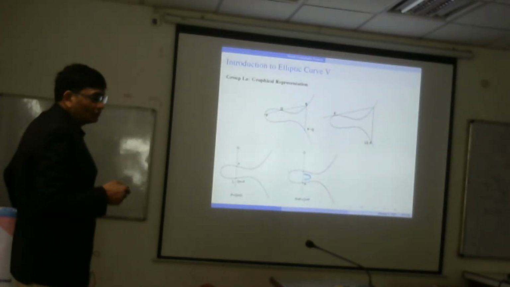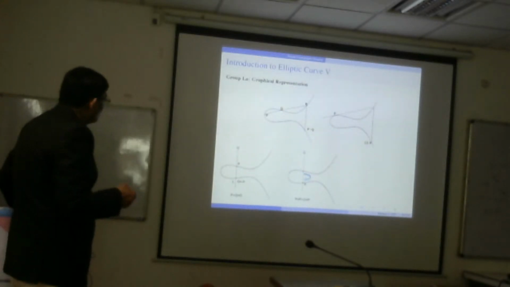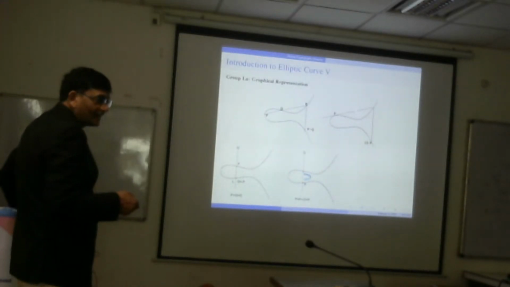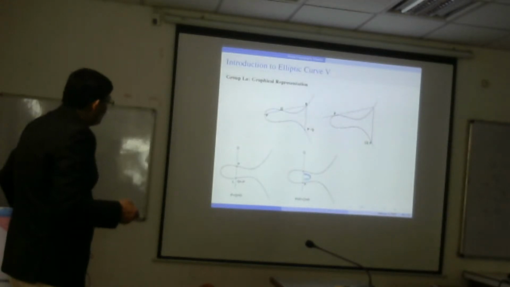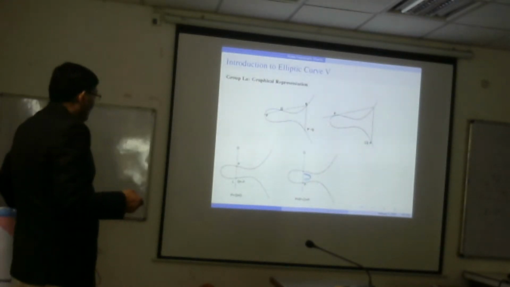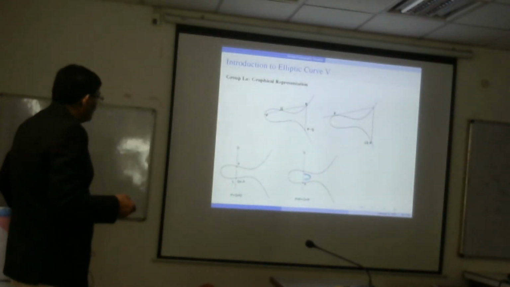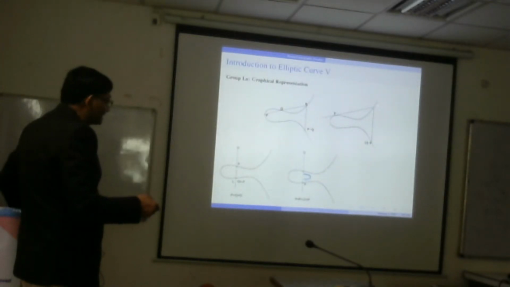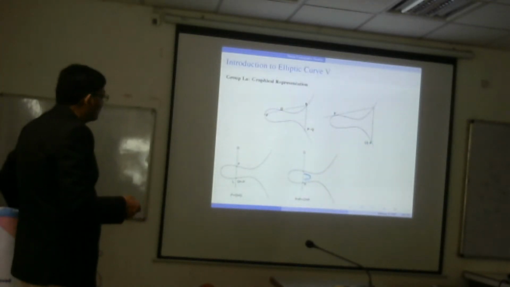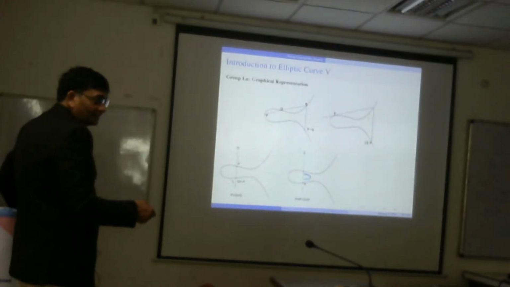That is how you can see all the group properties with respect to point addition. Take this point P and add it again, P plus P: you draw the tangent line, it intersects the curve at a point, and then you take the reflection.